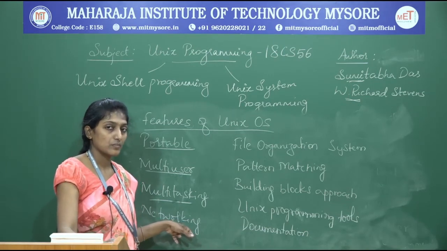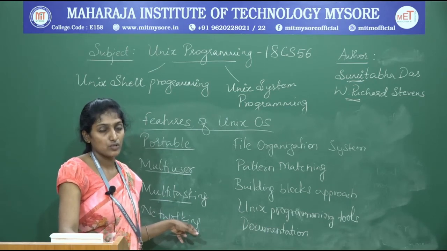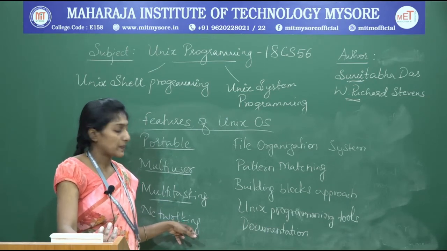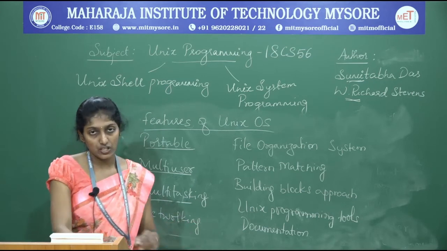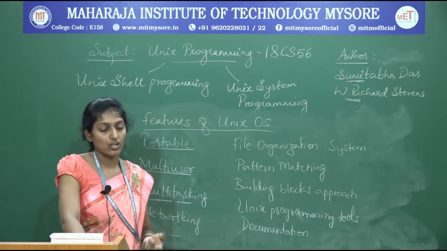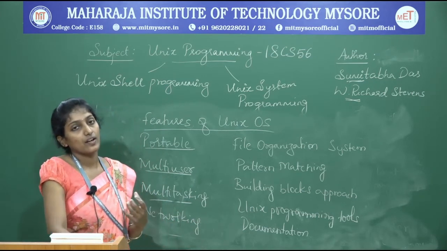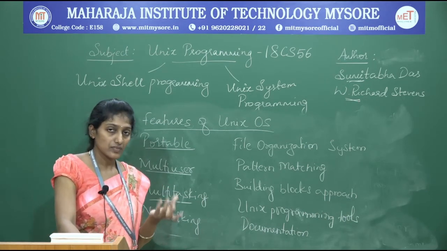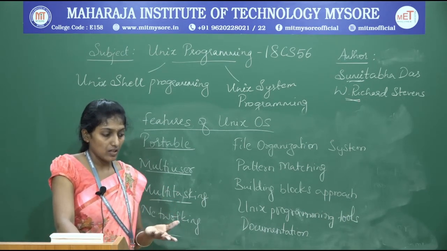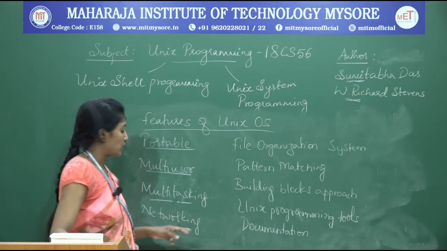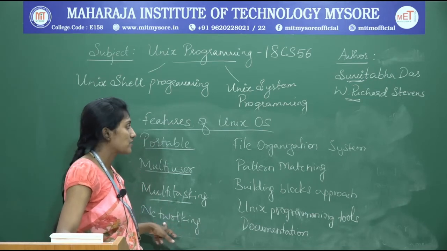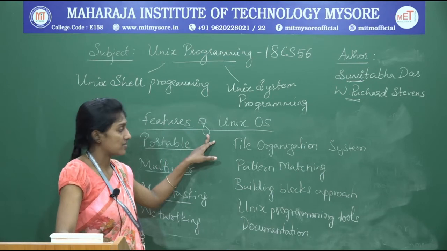In the Unix operating system we use a standard communication protocol, that is the TCP/IP protocol, transmission control protocol and internet protocol. By using that you can even share a program, or remotely access a program. That is supported in the Unix operating system.